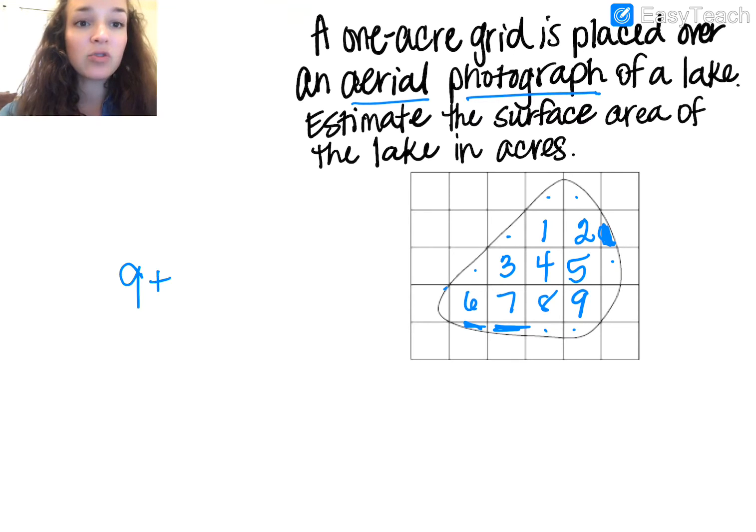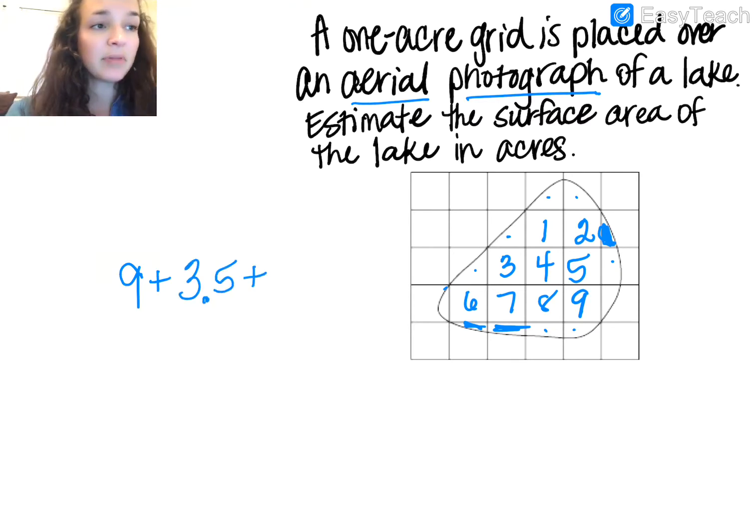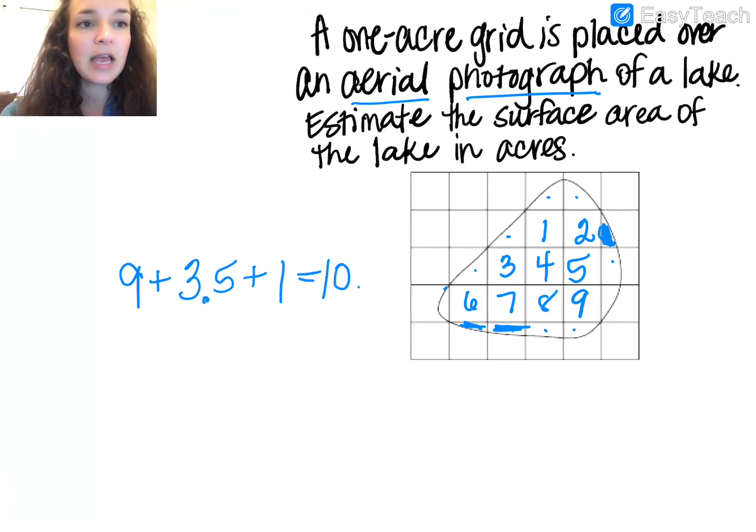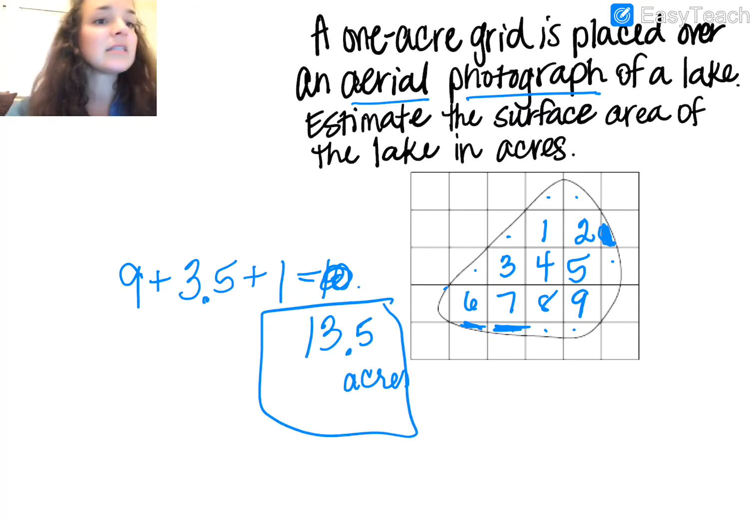So I've got 3.5, we'll say there, okay? And then plus the ones where I colored in and said those are all about a third, that makes up a total of 1 acre. So then all total here, if we add all those up, we've got 13.5 acres.